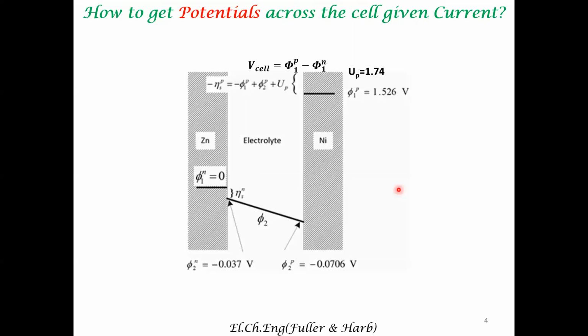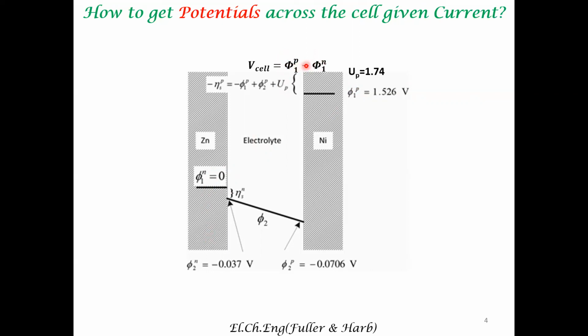This is the potential map of a full cell. Okay, this is what we want to compute, but you should be able to understand what the potential map of a full cell entails. So the potential of the cell is defined in the following manner. This is the potential of the nickel electrode in this case. That's the positive electrode. The negative electrode is the zinc electrode. The potential is defined as a difference between two quantities.